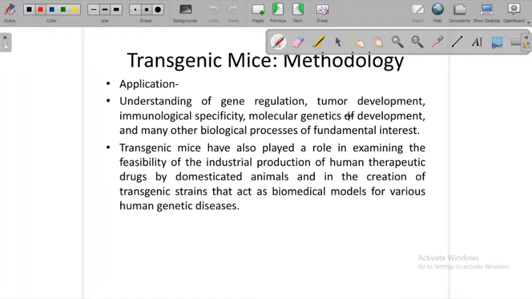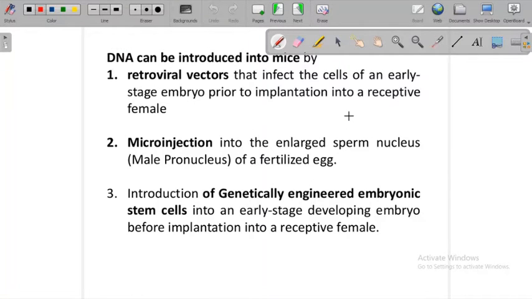We'll take the example of mice. Firstly, for the transgenic methodology in mice, there are three main techniques. One is retroviral vectors. There are several kinds of retroviruses which contain RNA as genetic material.